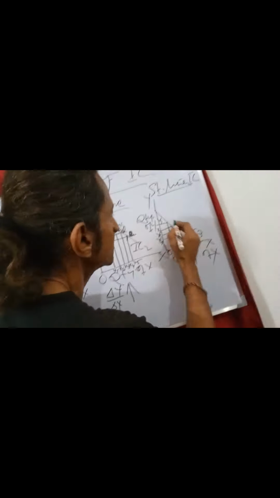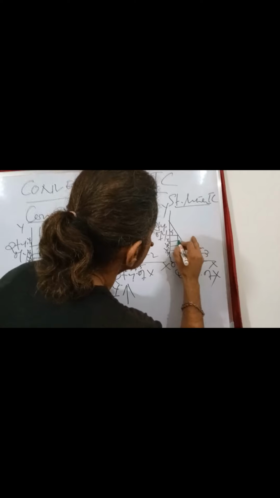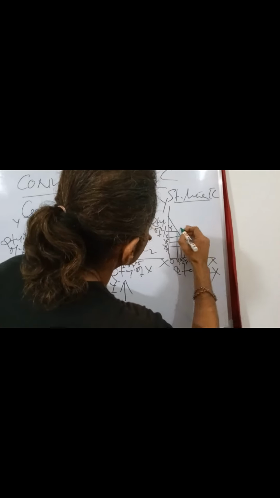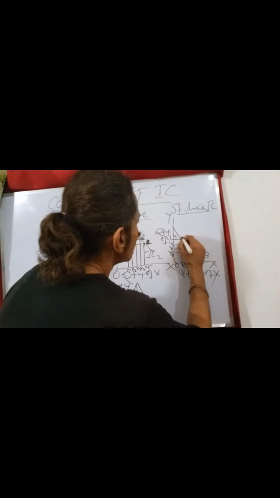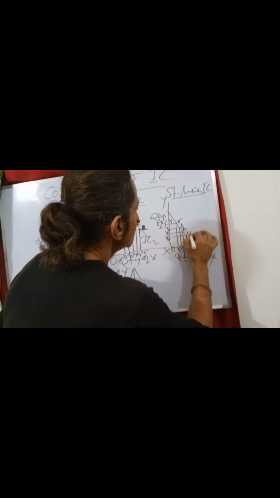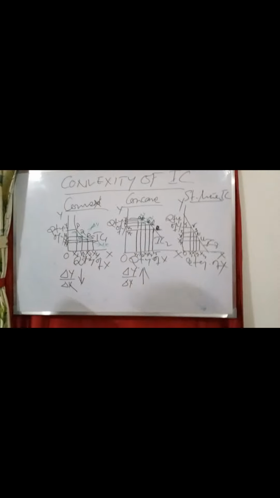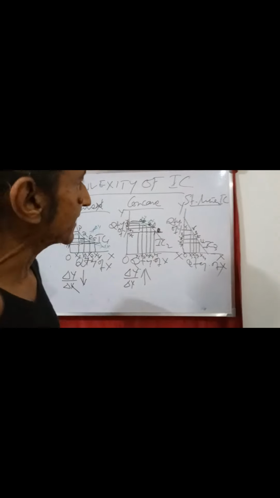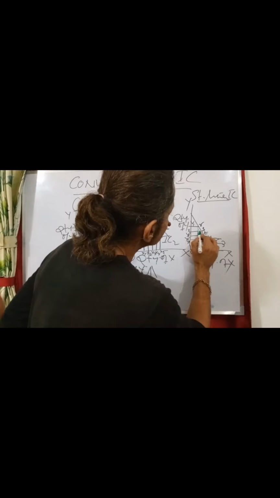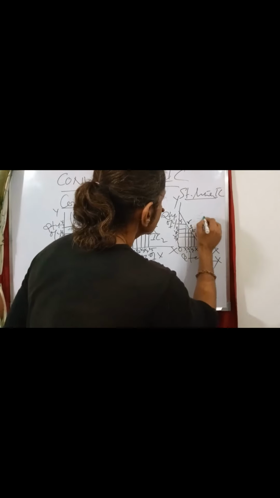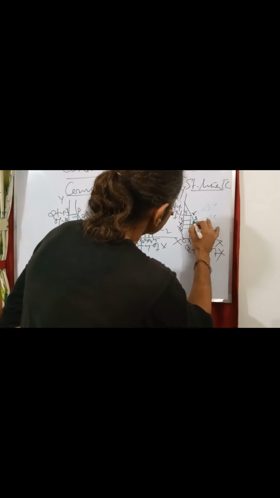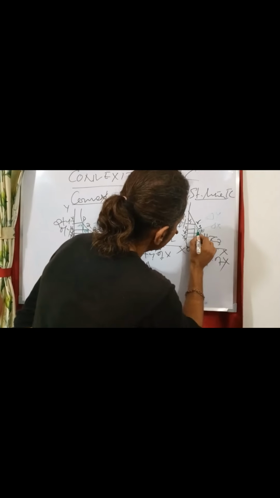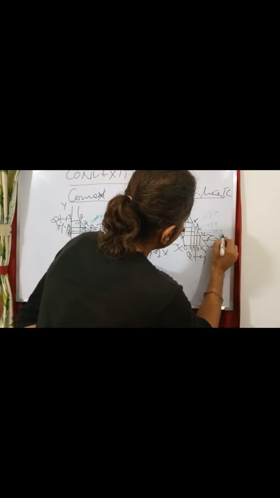The consumer is consuming this much of X by sacrificing this much of Y. Say this is point R, this is S, this is T, and this is U. As the consumer moves down the indifference curve IC3, he sacrifices this much of Y to gain this much of X. So this is delta Y and this is delta X. Again, as the consumer moves further down from S to T, he sacrifices this much of Y to gain this much of X. Here also this is delta Y and this is delta X.